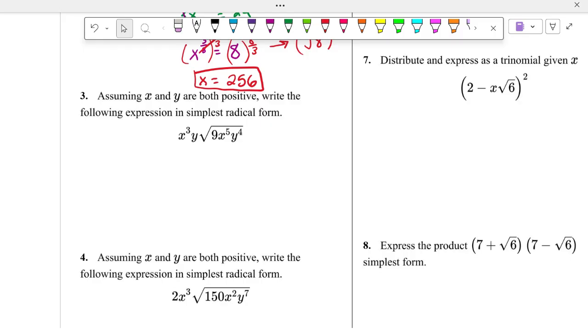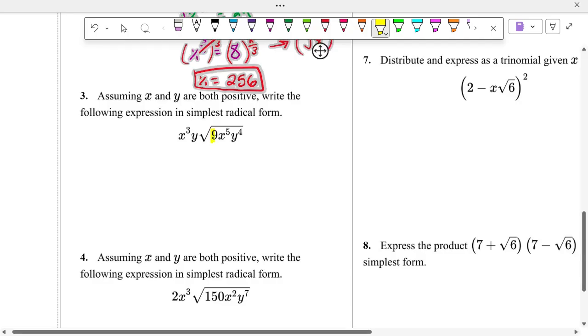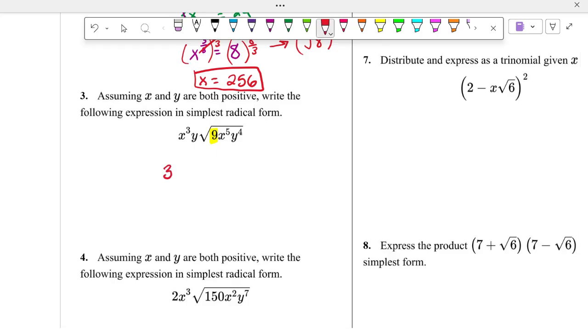For example, we know the 9's a perfect square. So what's going to go on the outside? 3. So this would be 3x cubed y. Why did I bring that down? It's already there, but technically we have to multiply it together.